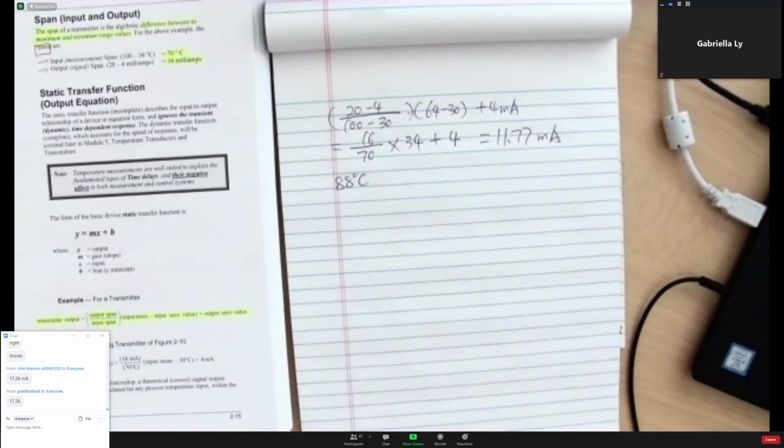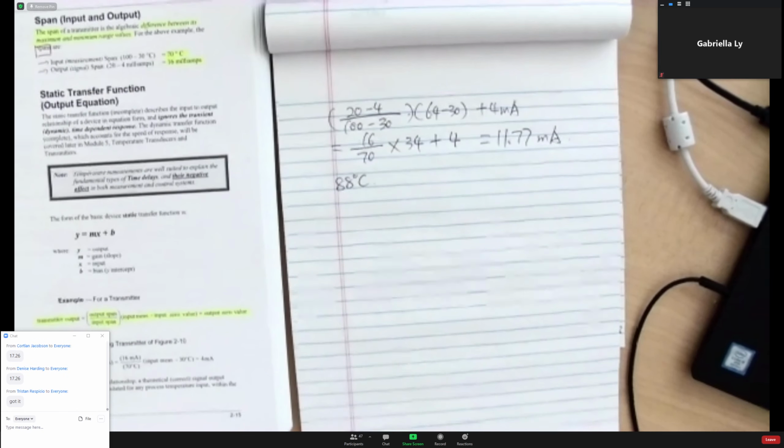Gotta stay here to keep working until you can get this question right. Okay, so I will take both those answers, 17.25, 17.26. Anyone get those answers? We can take our early coffee.